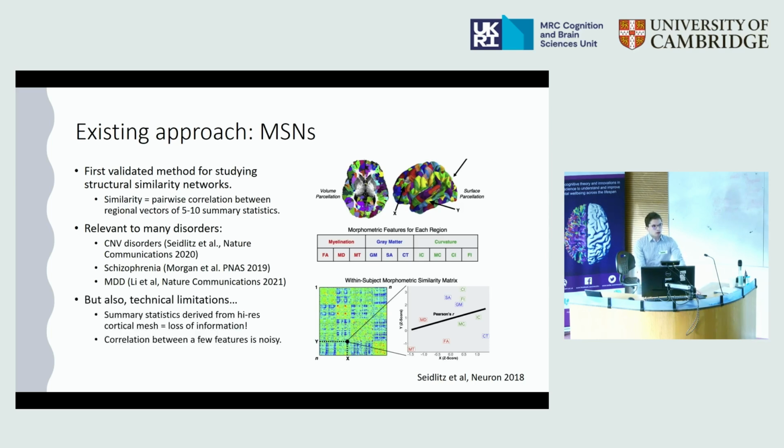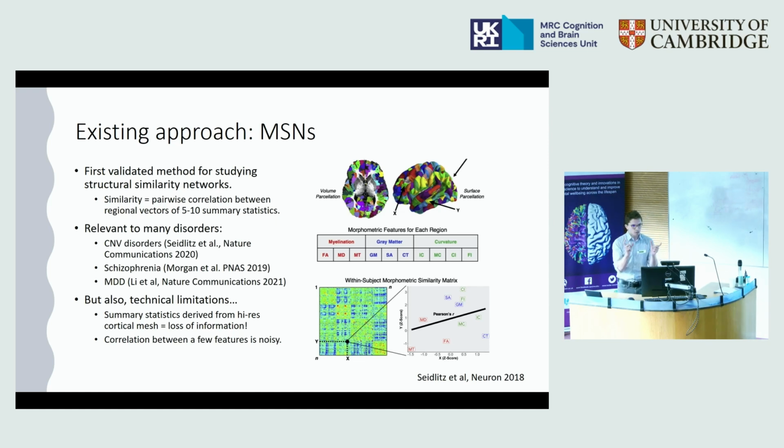Specifically, I realized that when you have this cortical mesh reconstruction, you have an extremely high resolution representation of the brain. You have over 160,000 vertices for each hemisphere, and at each vertex, you have many different structural measurements. What this method is doing is, for the many thousands of vertices within each parcel, just summarizing all of them into summary statistics.